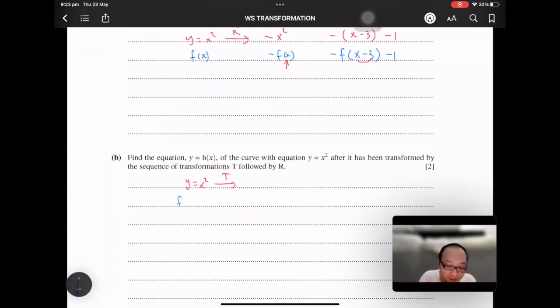So if this is f(x), it will become f(x minus 3) and then minus 1.